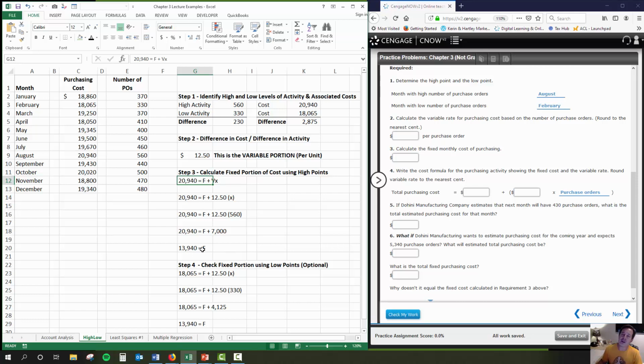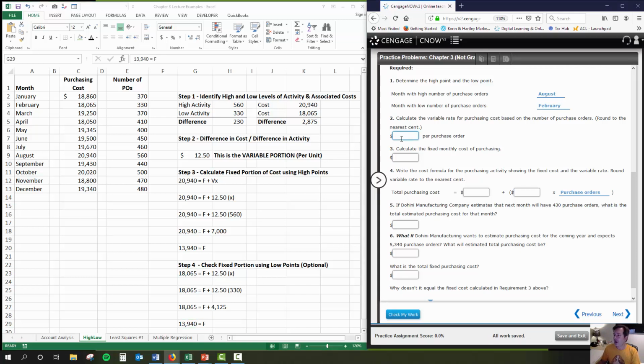You don't have to do it, but I recommend doing it until you're more comfortable doing high-low to where you don't have to worry about this anymore. But basically, instead of using the high points like I did in step 3, I'm going to do the exact same thing using the low points. There's my low point for cost. There's my low point for activity. I go through that equation one more time, and I get the exact same thing.